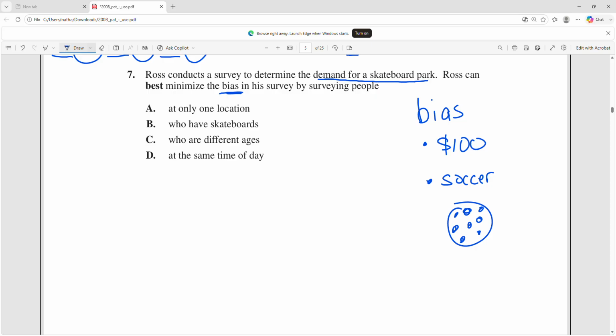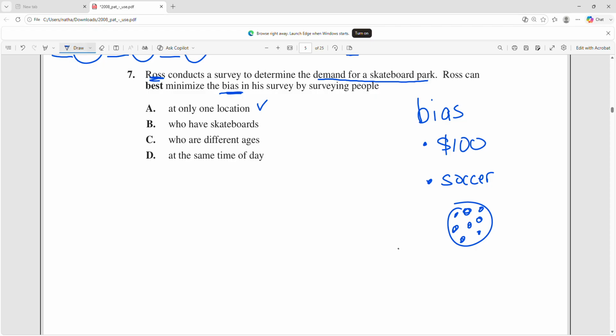Okay, so this person, Ross, is trying to determine the demand for a skateboard park, just in general. He's not saying from a particular group. He just wants to know what is the demand for his group. So if he asks at one location only, will he minimize the bias? Will that reduce the amount of bad information, if you want to call it that?